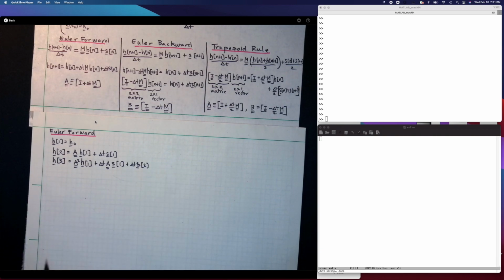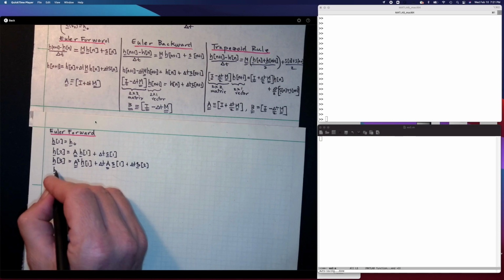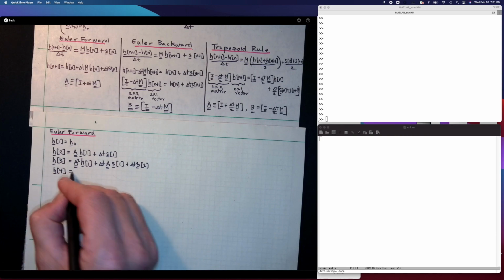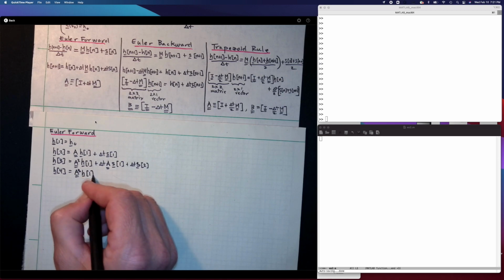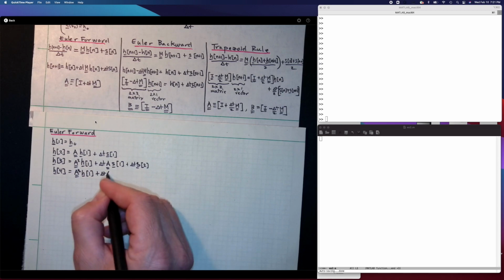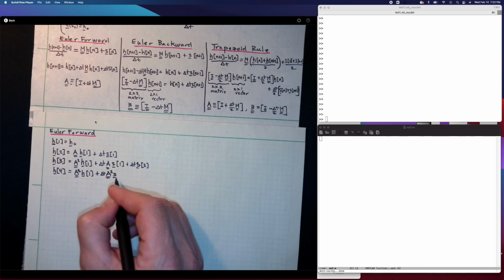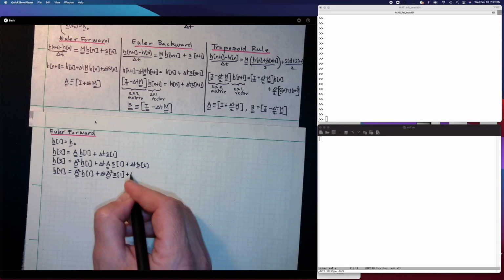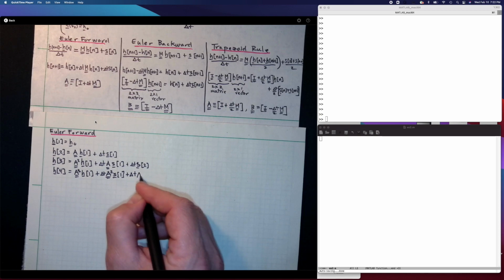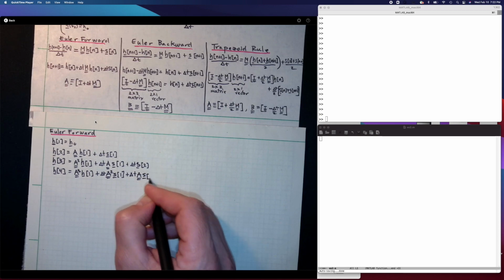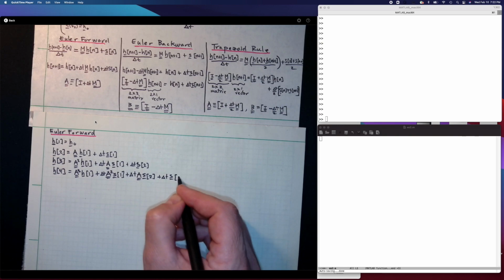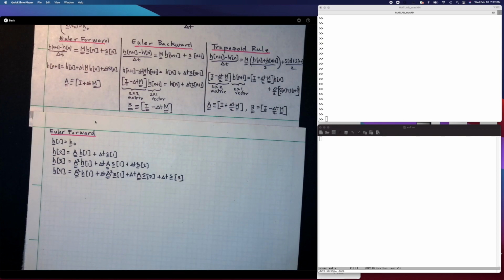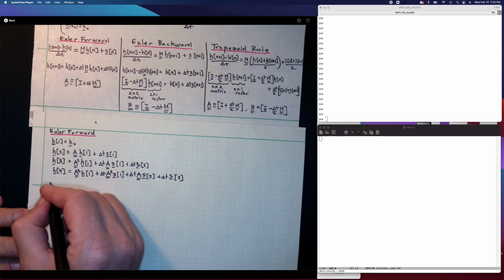And we can keep going like this forever. h4 is A cubed h1 plus delta t A squared s1 plus delta t A s2 plus delta t s3, and so on.